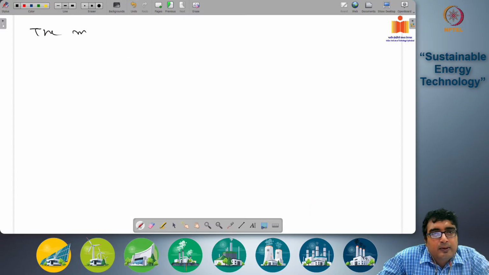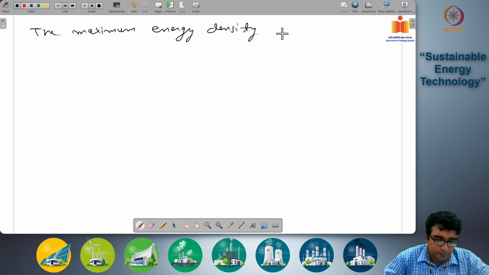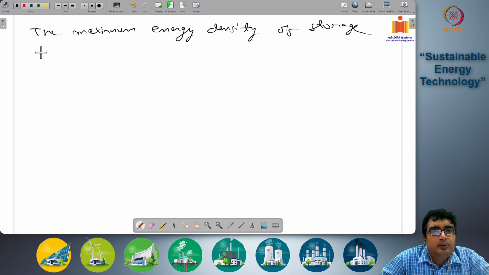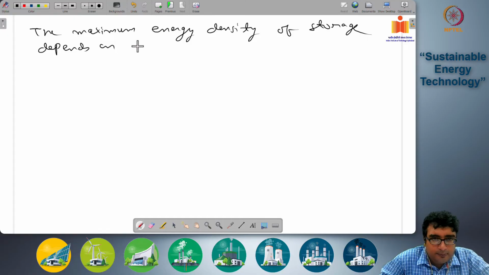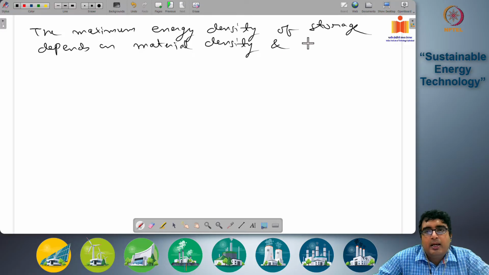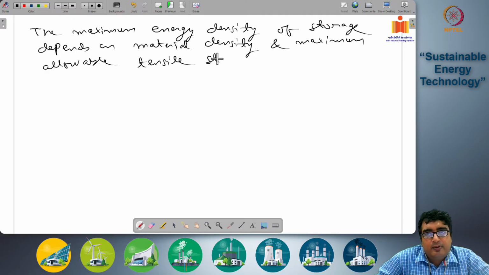The maximum energy density of storage depends on material density and maximum allowable tensile strength.